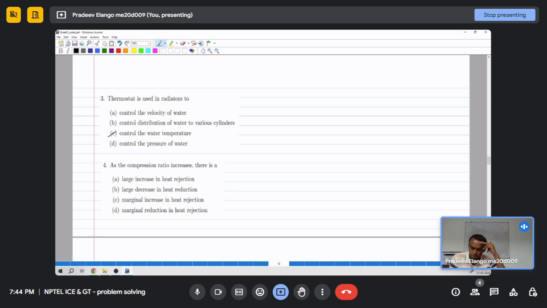As the compression ratio increases, there is a large increase in heat rejection, large decrease in heat rejection, marginal increase in heat rejection, marginal reduction in heat rejection.